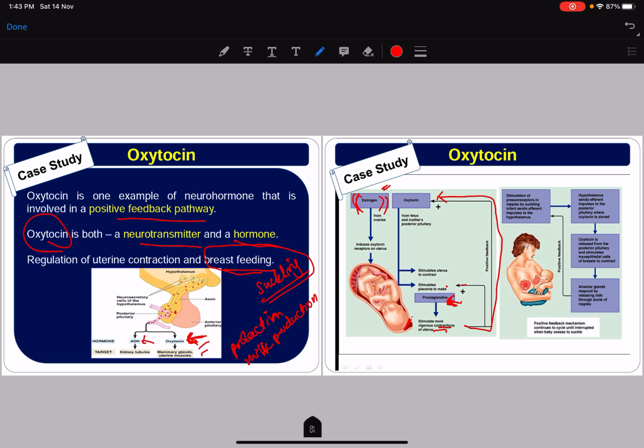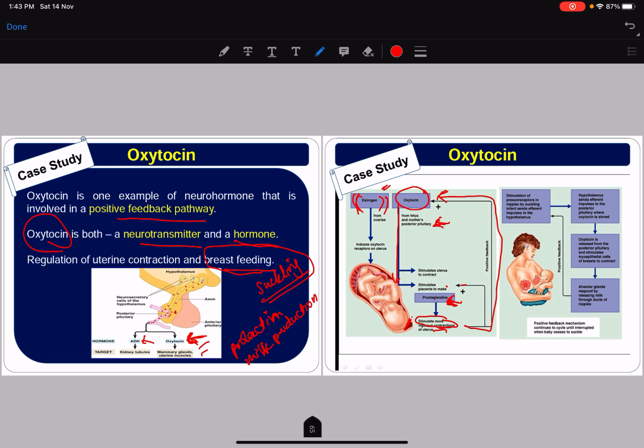The posterior pituitary will secrete oxytocin, from the fetus and the mother's posterior pituitary. This oxytocin comes from both the mother and the fetus. This oxytocin goes back to the placenta and will cause more vigorous contraction.